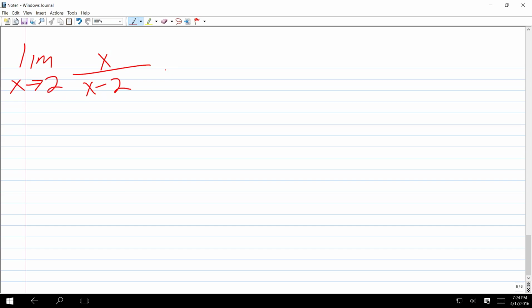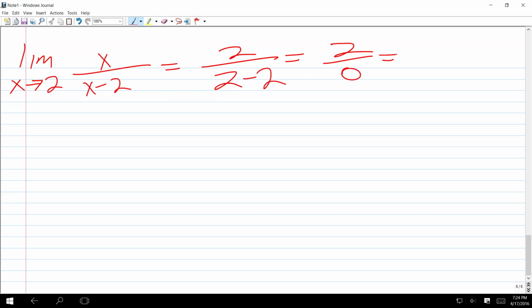The first thing you always want to do on these limit problems is just go ahead and substitute. So if I substitute, I end up with 2 over 2 minus 2, right? Which is 2 over 0. What is that limit? Infinity.